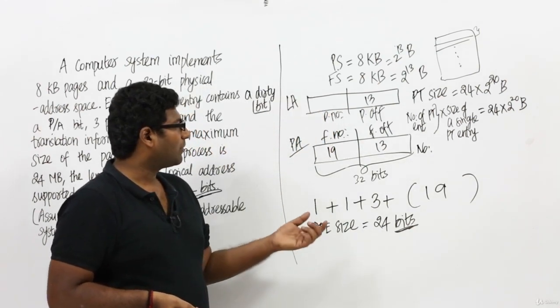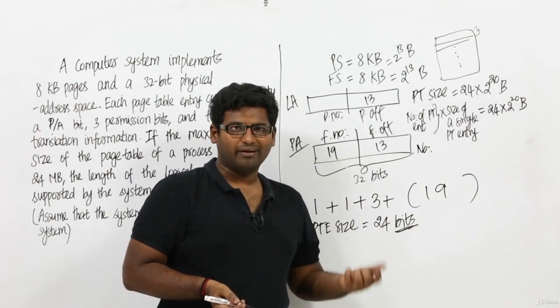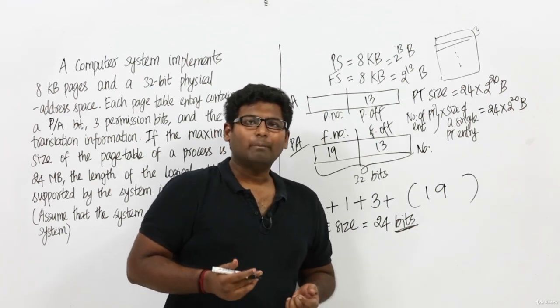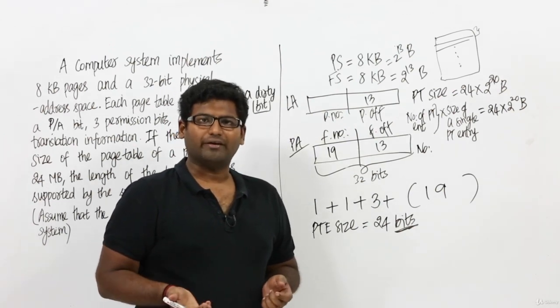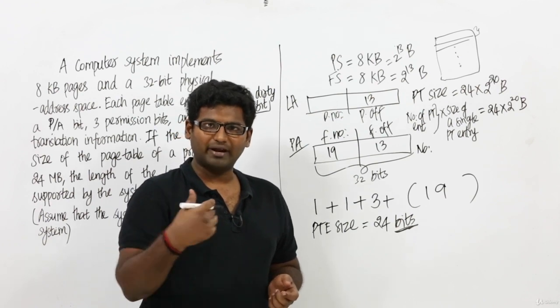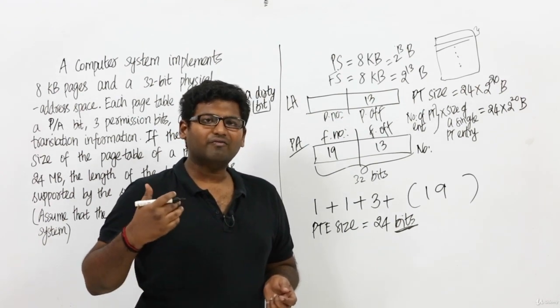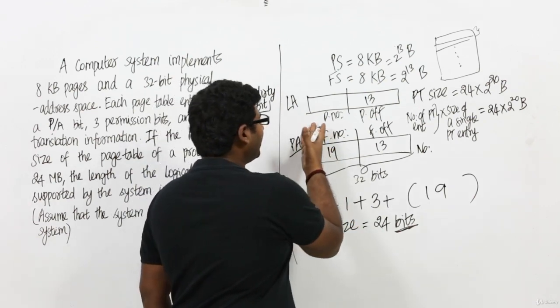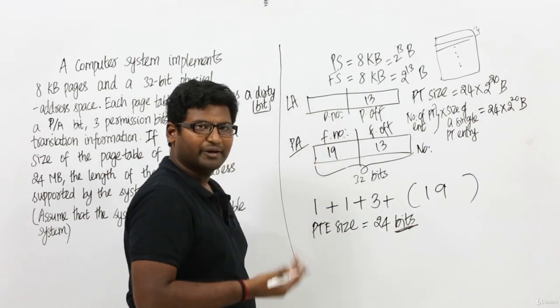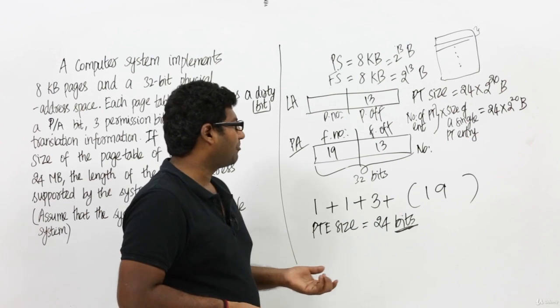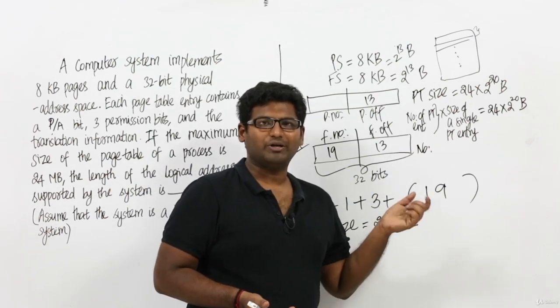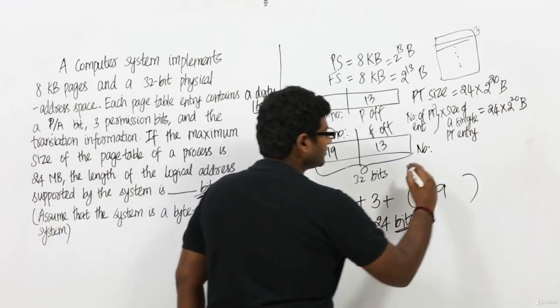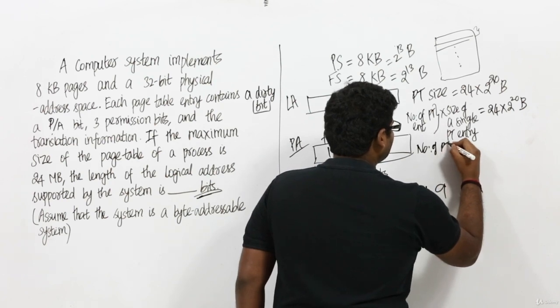In case the number of page table entries equals n, then the number of pages in the process is also n, because for every page we maintain a page table entry. So the number of pages will be equal to the number of page table entries. Since we don't know the page number field, we don't know the number of pages, and so we don't know the number of page table entries. So I am writing it as it is: number of page table entries.